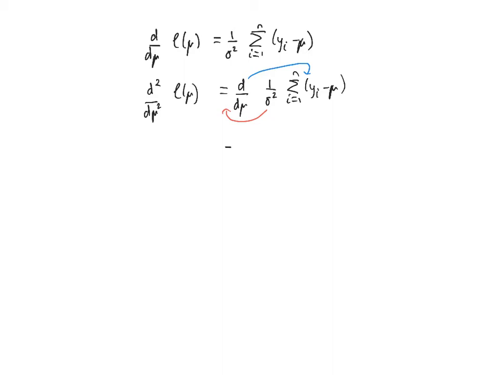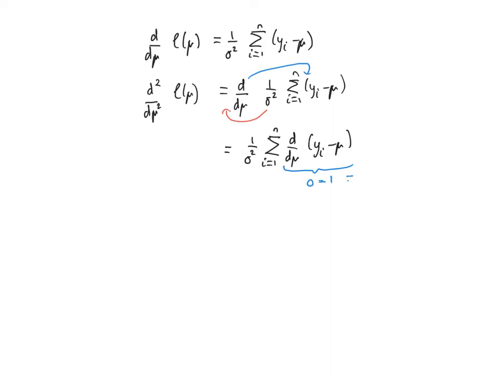So we actually have 1 over sigma squared of the sum i equals 1 to n of d by d mu of yi minus mu. And when we differentiate yi, we get 0, because it's a constant with respect to mu. And when we differentiate minus mu with respect to mu, we just get minus 1.